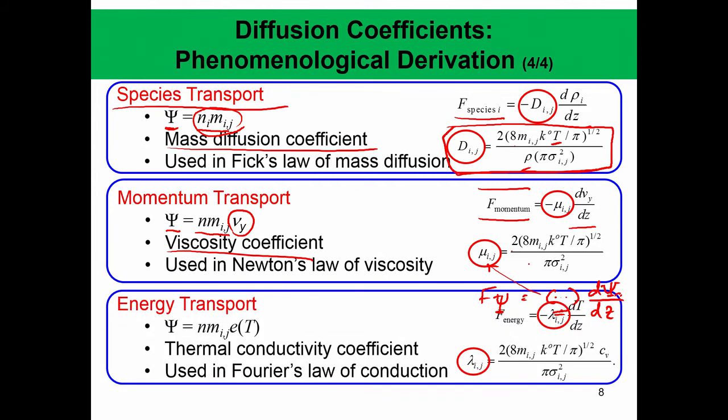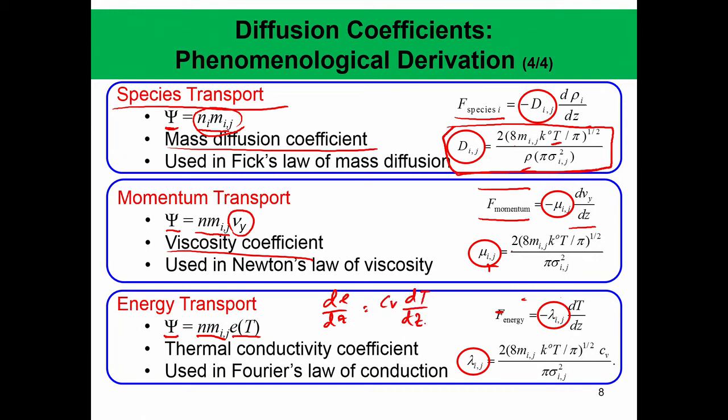Now, energy transport. Here once again, for energy transport we can write this generalized property xi as n Mij times E, where E is the internal energy. When we do d xi dz, we arrive at dE dz, and we can write dE dz is equal to Cv dT dz.